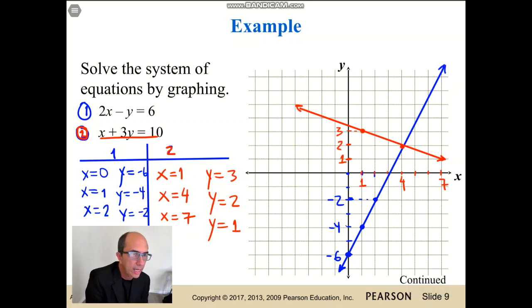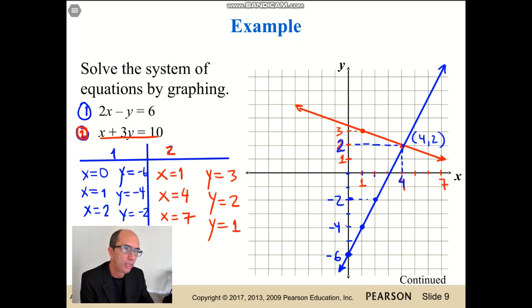Can you see the intersection? It looks really clear that the intersection is on this point where x equals 4 and y equals 2. After we find the intersection and find the points, now we have to plug into the system of equations to check if they produce true statements. Remember the first thing we've seen today?